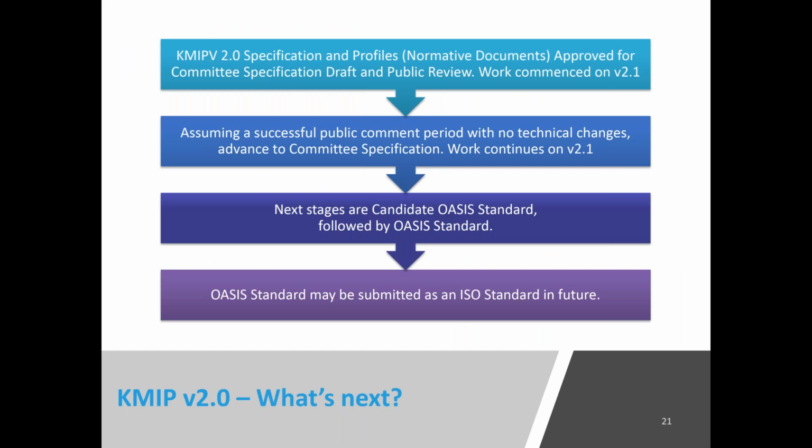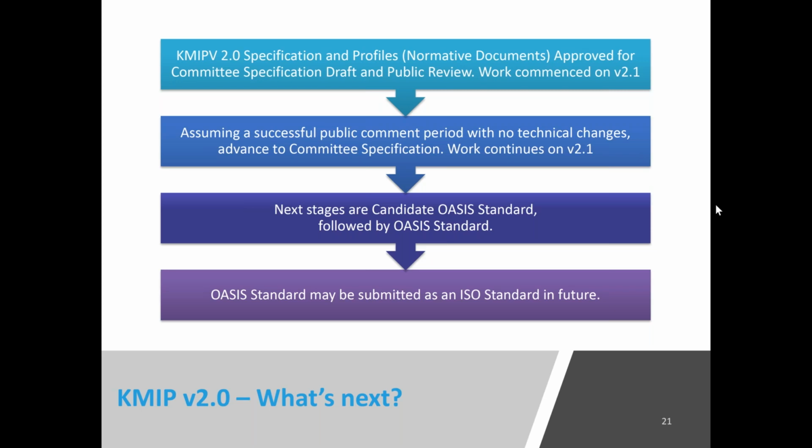Okay, in terms of where we are with the specification at the moment, we have just wrapped up the specification and profiles, the normative documents for 2.0, as committee spec draft, and they are going out for public review in the next couple of weeks. Certainly the normative documents are. We already commenced work on version 2.1. We had a face-to-face meeting just before the RSA conference back in late February.